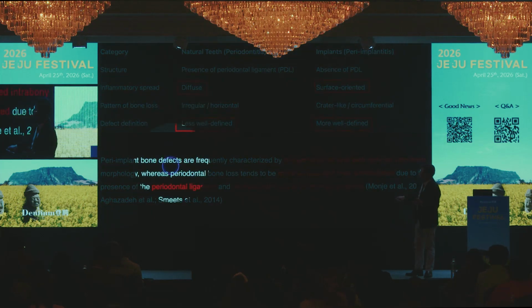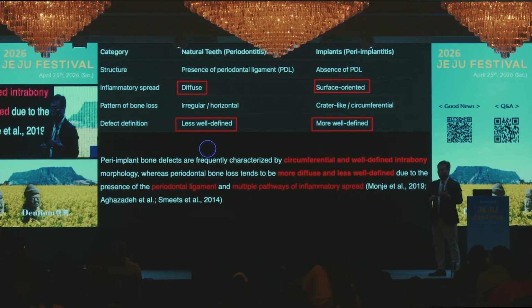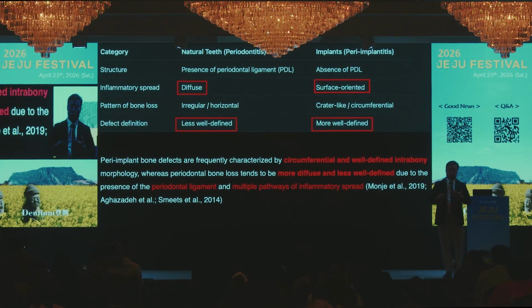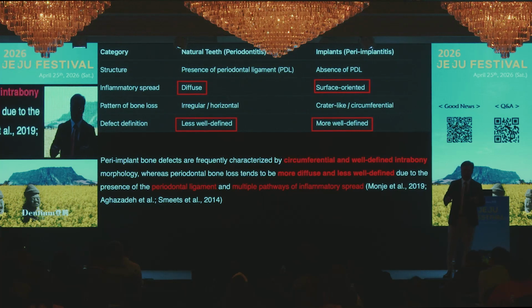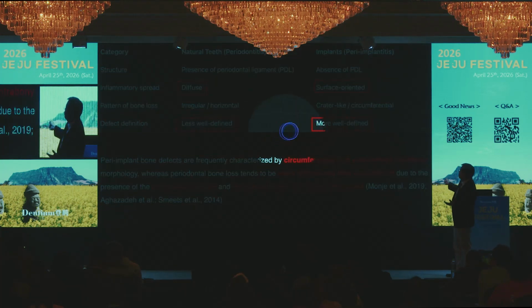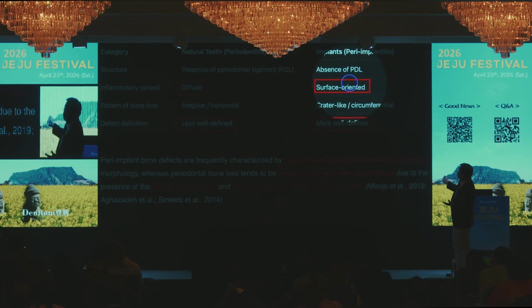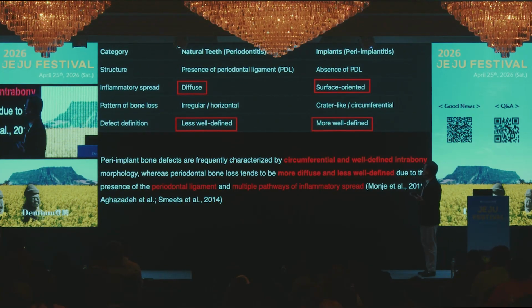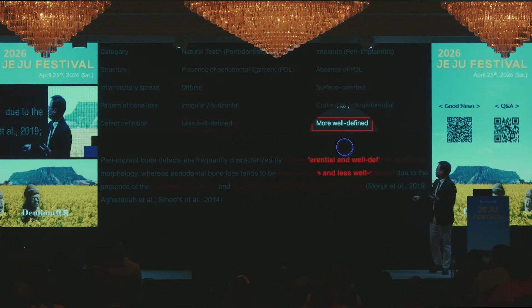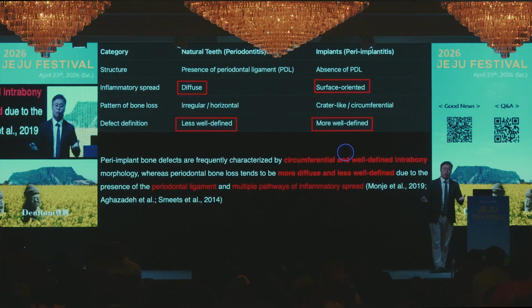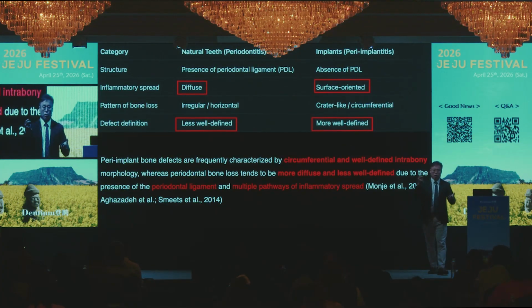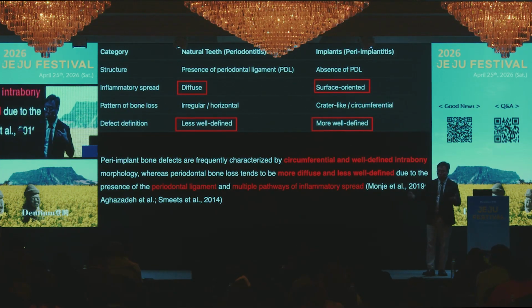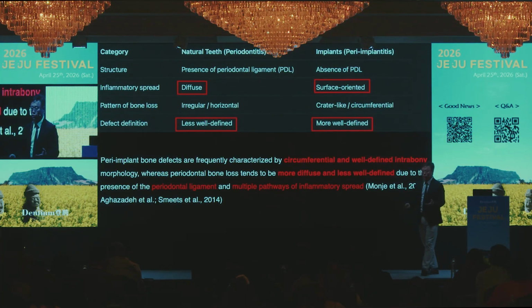Therefore, a less well-defined defect is found after removing the natural tooth due to periodontitis. But around the implant, most of the cases are surface-oriented and more well-defined. So you can remember that the defect around the implant is mostly a well-defined defect.